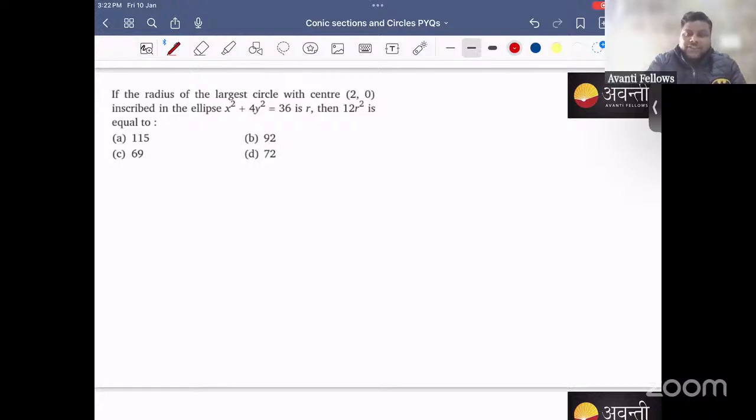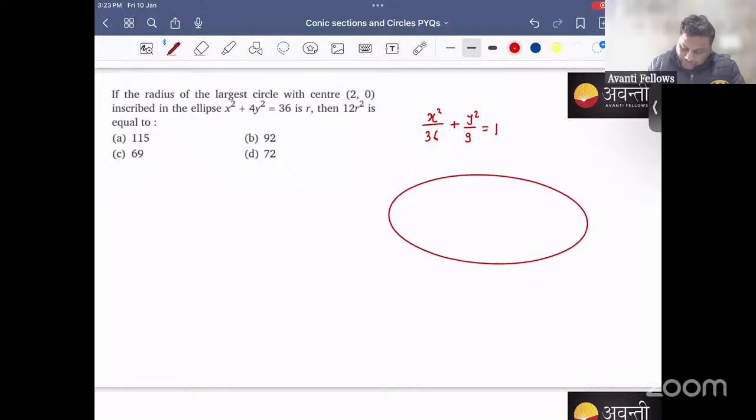So it is very necessary to make a neat and clean diagram. Now see, the ellipse is x²/36 + y²/9 = 1. So this is the kind of ellipse you will be having.